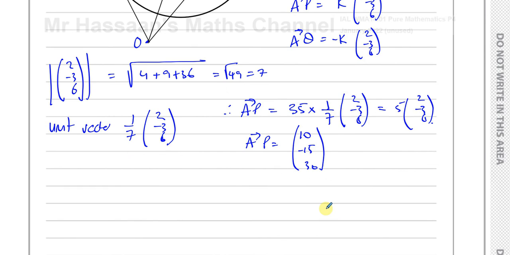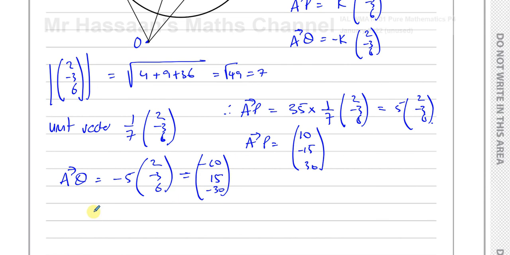And the vector from A to Q is going to be -5 times (2, -3, 6), because it's the opposite direction. So that's -10, plus 15, and -30.